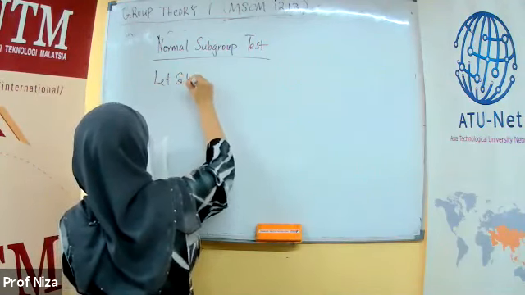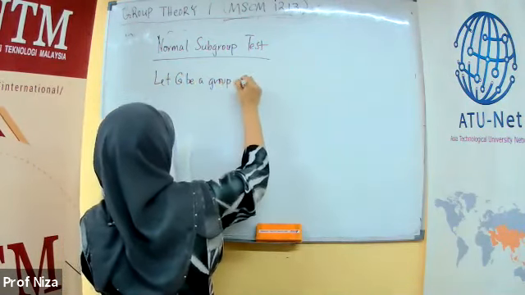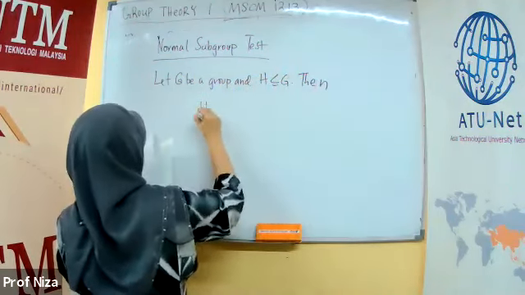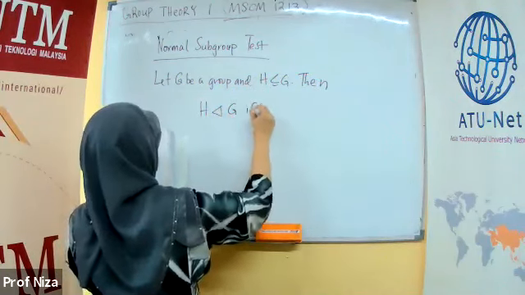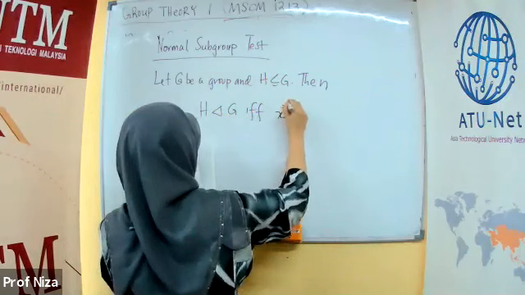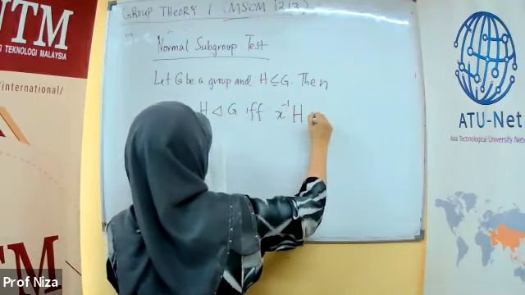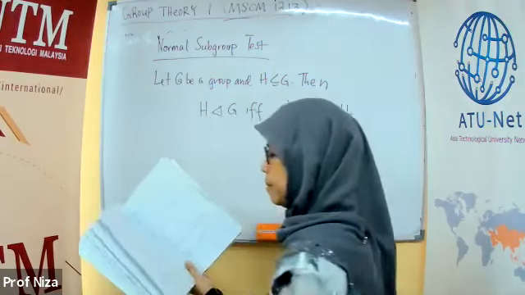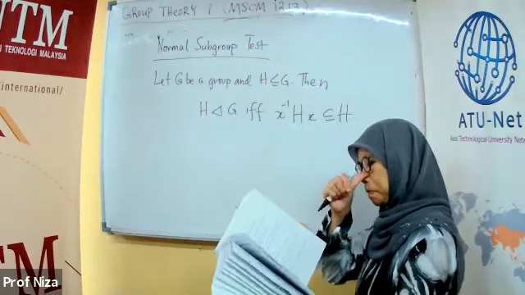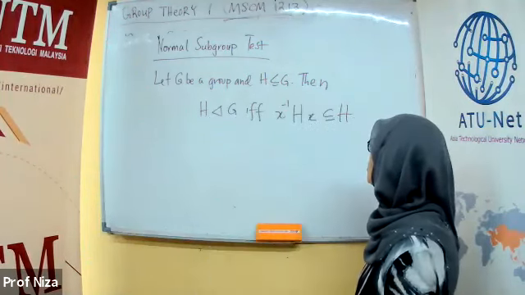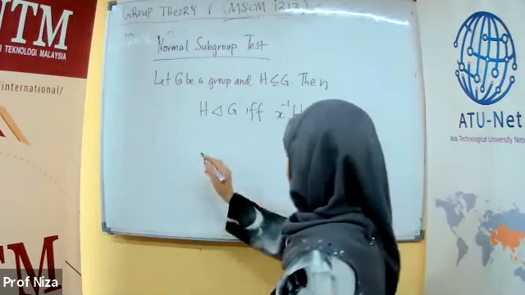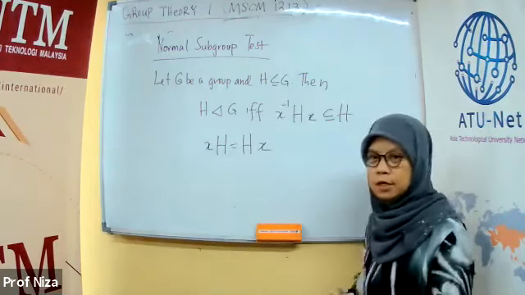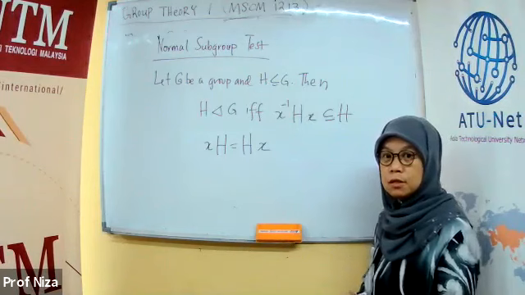again, let G be a group and H a subgroup of G, then H is normal in G if and only if x inverse Hx is a subset of H. Okay, remember just now, this is the definition of a normal subgroup.